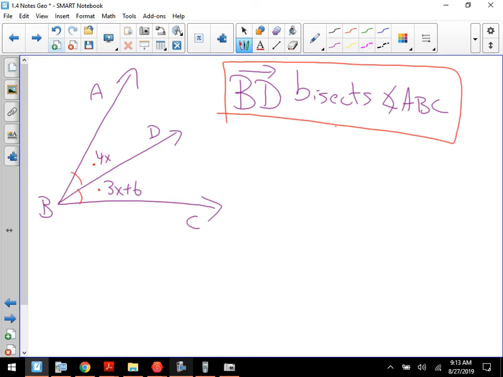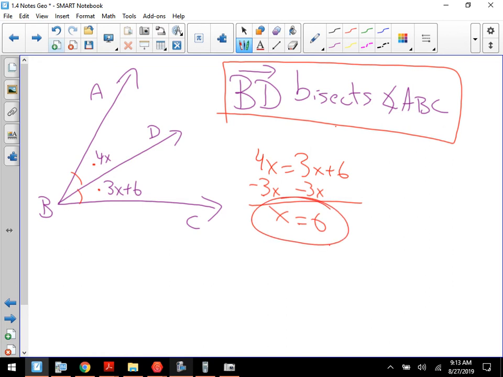To solve it algebraically, we just wind up doing 4x is 3x plus 6. How do I solve that? Subtract 3x. Good. If I subtract the 3x coming back, you get x is 6.